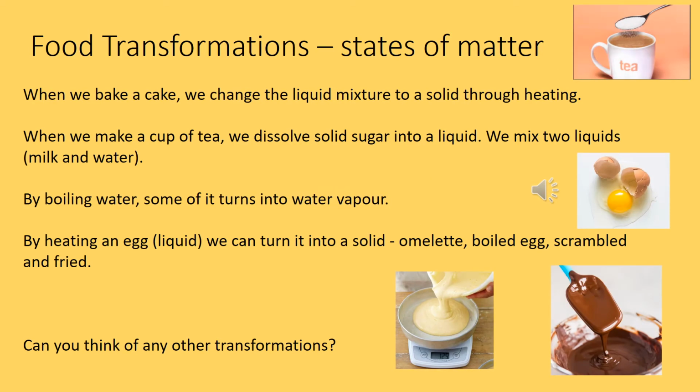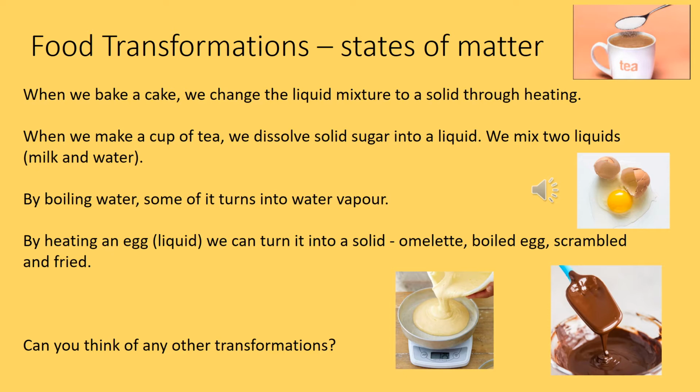Here are some examples of how materials change state through cooking. For example, when you bake a cake, you normally begin with a liquid mixture. Think about cake batter. And by heating it in the oven, it becomes a solid. Think about making a cup of tea. You combine 2 liquids, milk and water, and you dissolve solid sugar into a liquid.